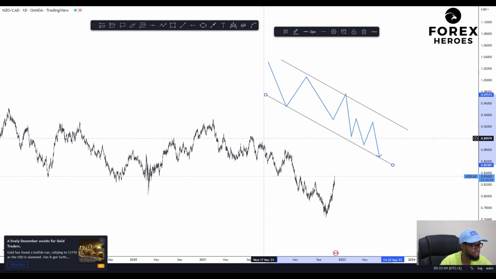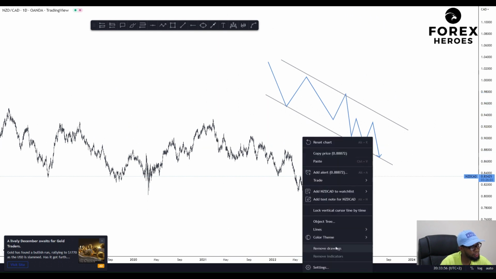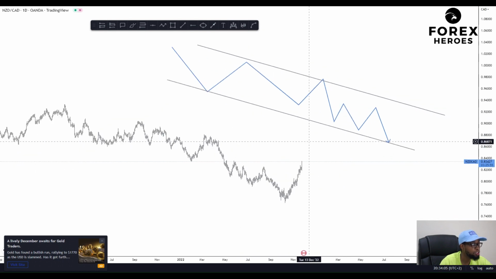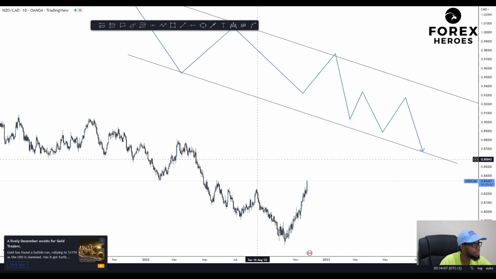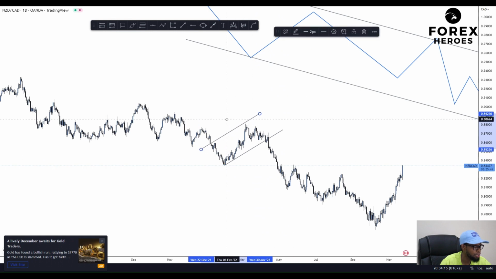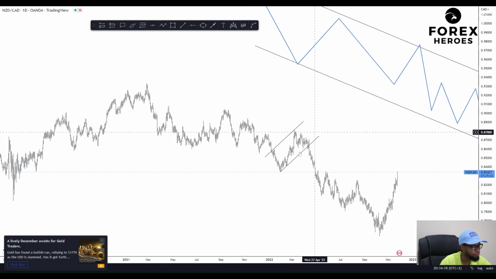So we were selling here. Within that downtrend, we have what we call chart patterns or corrective patterns, which give us an opportunity to re-enter the market in the direction the market decides to go. This is a channel, as you can see. This is a corrective channel.